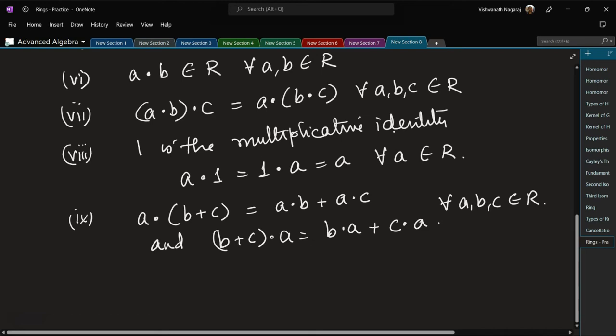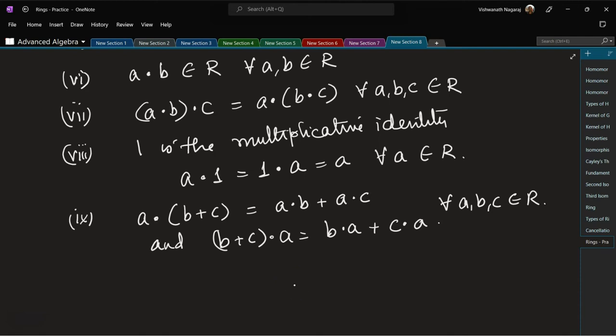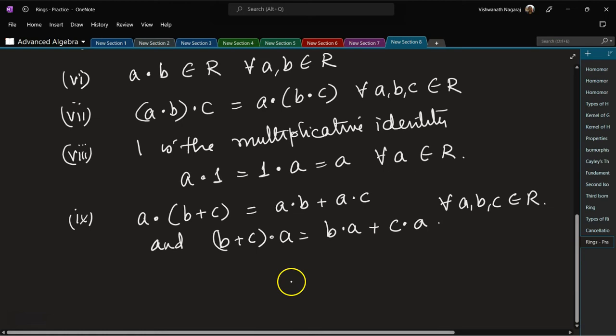Now, as you know, different authors and different textbooks, either they insist on the multiplicative identity or they don't insist, right? So there are two schools of thought. So you need to be clear about which particular textbook or school of thought you are following. According to that, either multiplicative identity needs to be there for you to call it a ring or not. Okay, so in places where they insist on a multiplicative identity, remember, in that case, it's not called a ring, it is called rng.